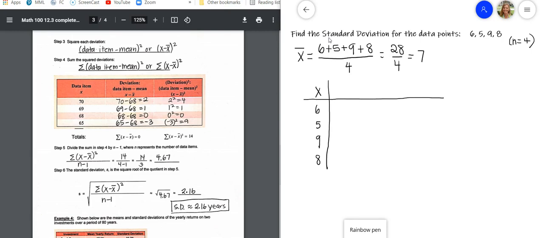So first, as you find the deviations, X minus X bar, you're just taking each of these data points and subtracting the mean. So 6 minus 7 is -1, 5 minus 7 is -2, and you want to do your data point first, then subtract the mean.